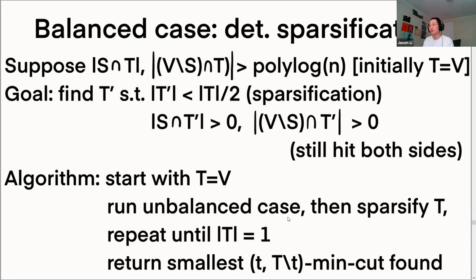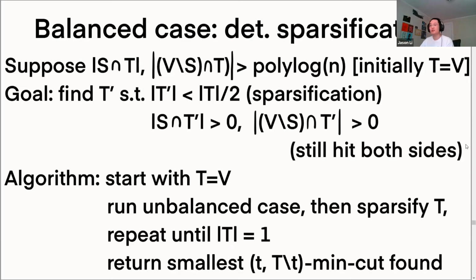We just run the unbalanced case, and then we sparsify T. And then T is now a sparsified set. We run the unbalanced case again, and we keep on sparsifying and keep on doing this until, let's say, T is size 1. And we return the smallest cut we found in any of the unbalanced cases. So the point is, in at least one of these cases, we will in fact be in the unbalanced case, and that cut will indeed be the correct cut. So it should be clear this algorithm is correct.